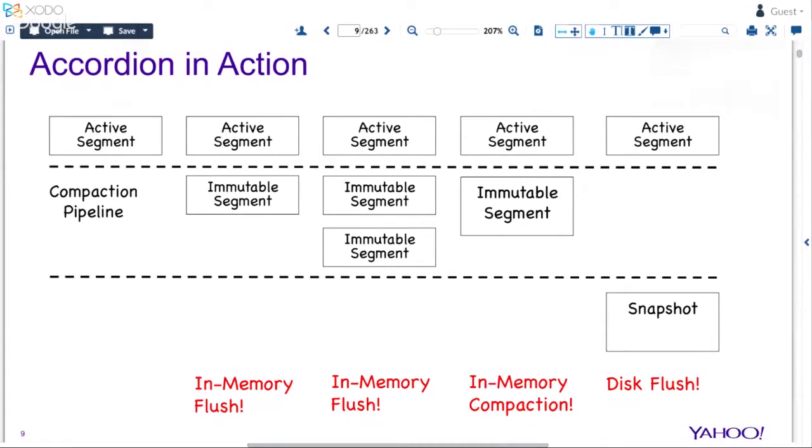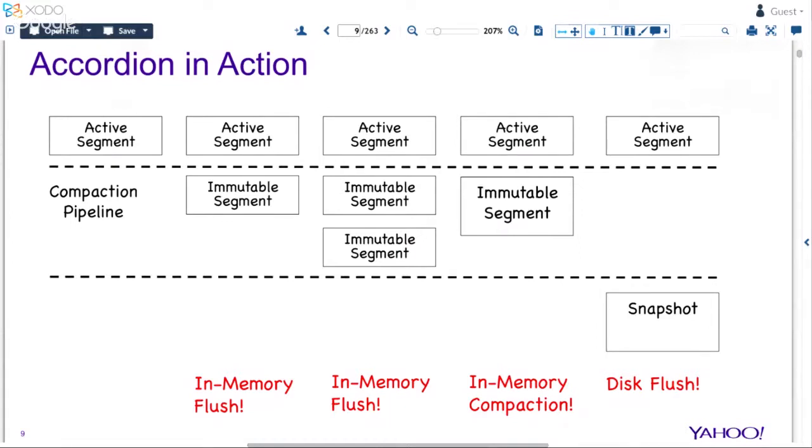For example, the higher level process can decide that upon flushing this region to disk, this is fine. At this point, all the data in the immutable segments is moved to the snapshot that is used by the disk flusher thread, and so on.